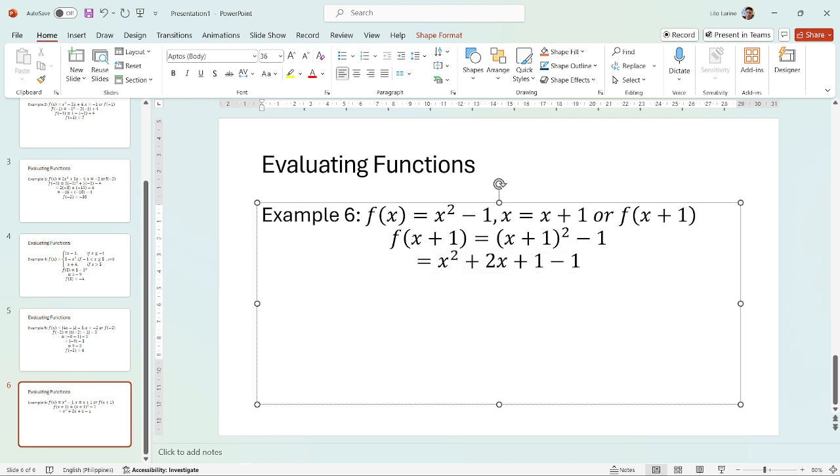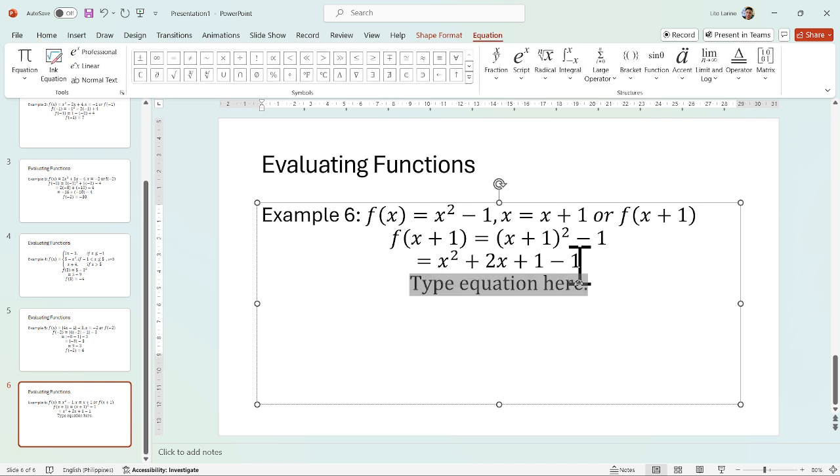Thus, our function, when the value of x is x plus 1, is equal to the quadratic function x squared plus 2x, because 1 minus 1 is 0.